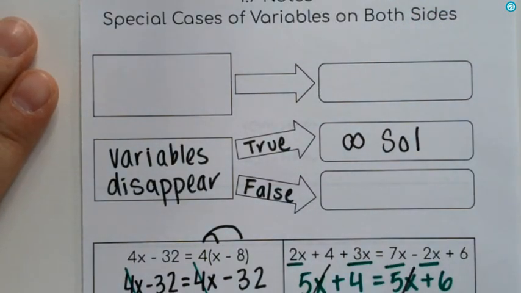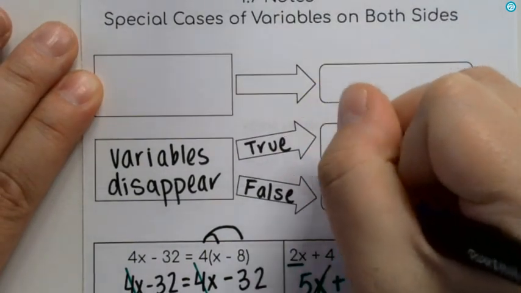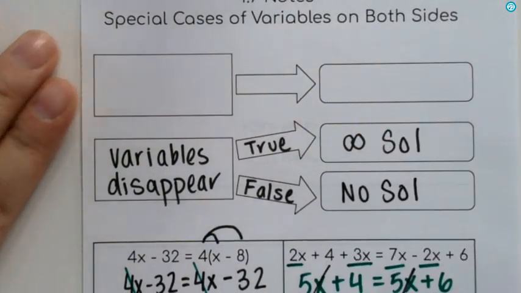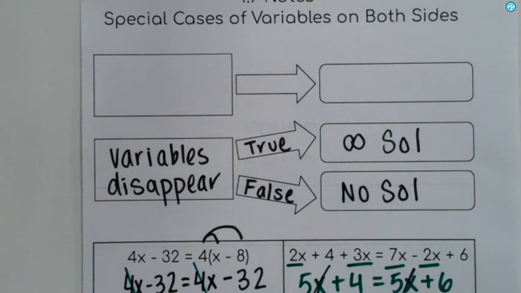I have an infinity symbol. I didn't mention that out loud. If what you are left with is false, that means you have no solutions. Okay. Any questions about that?